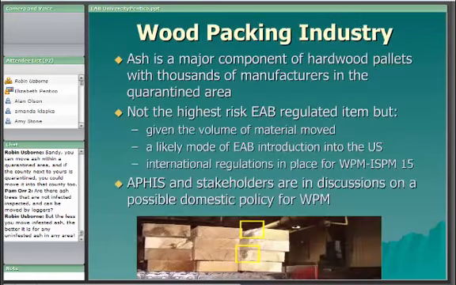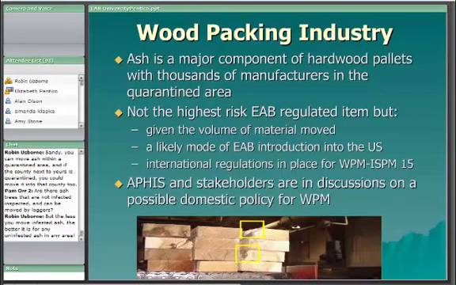The wood packing material industry: ash is a major component of hardwood pallets. The Ohio, Kentucky, Indiana, Michigan, Pennsylvania, New York area, that's a huge production of hardwood packing material. So there's a lot of pallets produced. This is not near the high risk for EAB that nursery stock or firewood is.